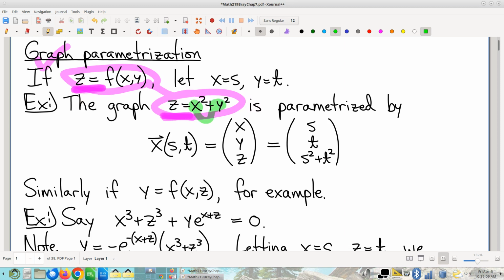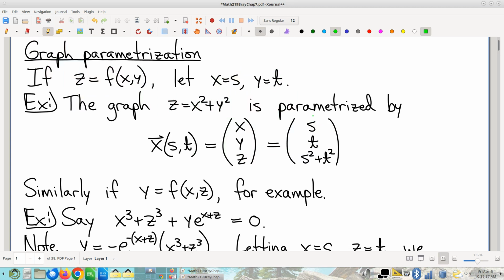I'm going to let x and y be s and t, following the basic rule of graph parameterization right there. Just do that, and I claim we're done. It's all over but the shouting at this point. I don't have any more decisions to make or choices that I can make.